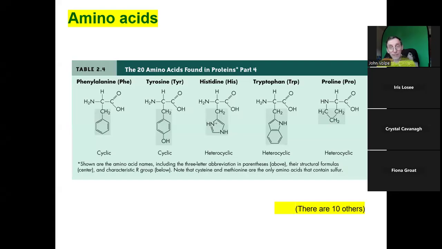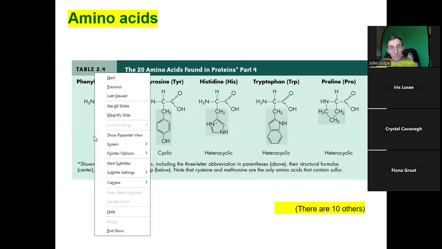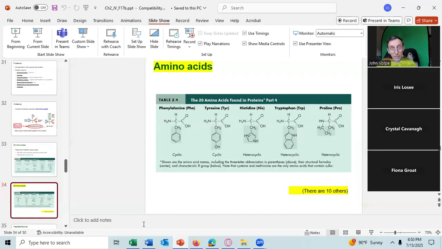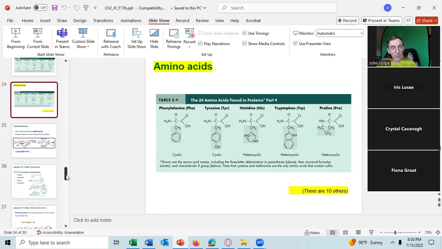Any question about any of that? So proteins are another molecule which are biphasic, and that is, proteins have both polar and nonpolar regions. All right, any question about any of that?